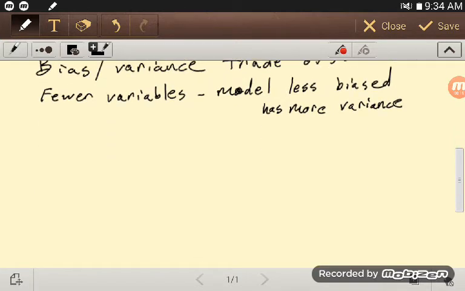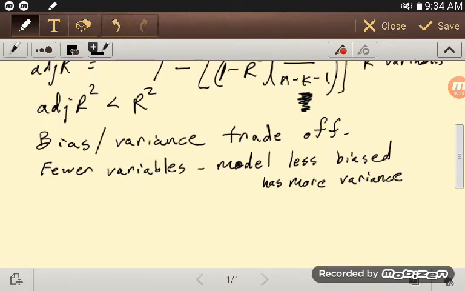Okay, in other words, it doesn't explain the given data as well.